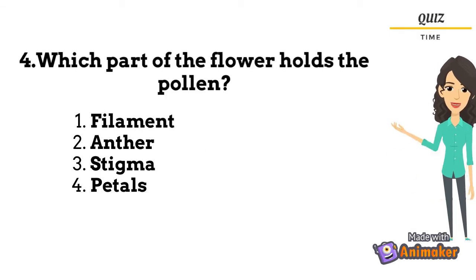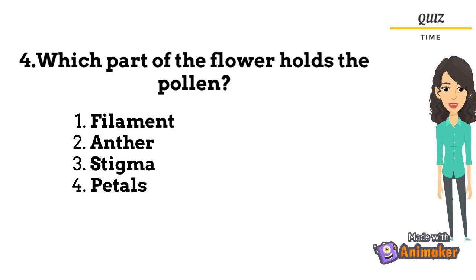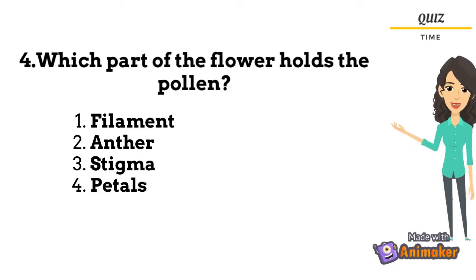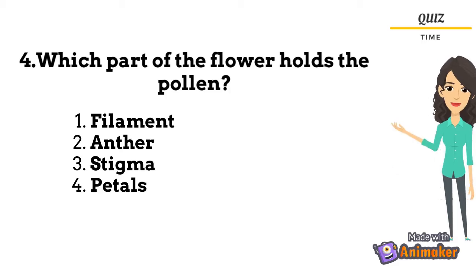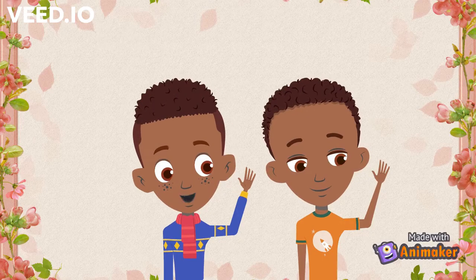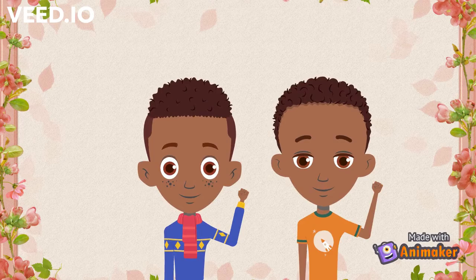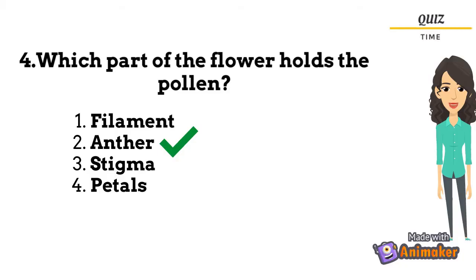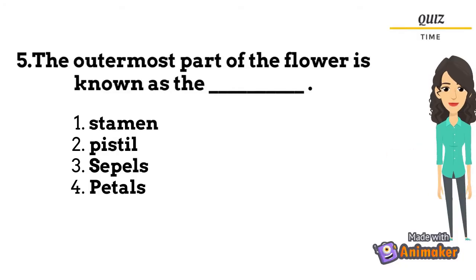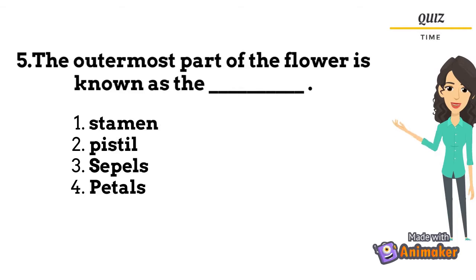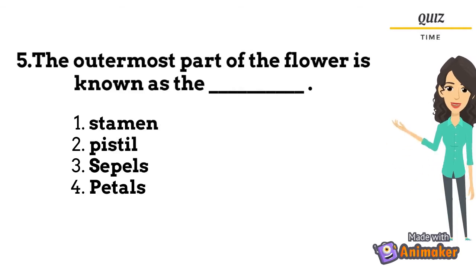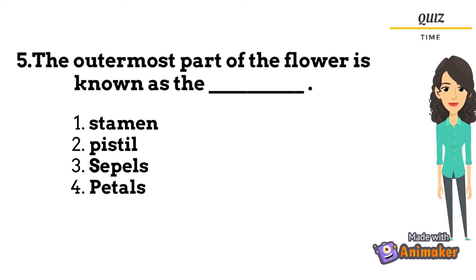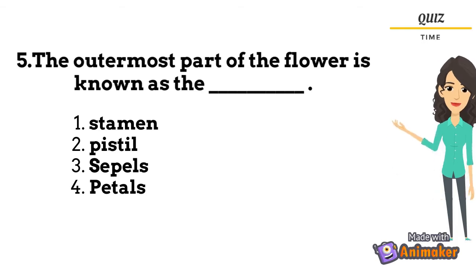Which part of the flower holds the pollen? The options are filament, anther, stigma, petals. I know. Anther is the answer. Anther is the right answer. The outermost part of the flower is known as. The options are stamen, pistil, sepals, petals.